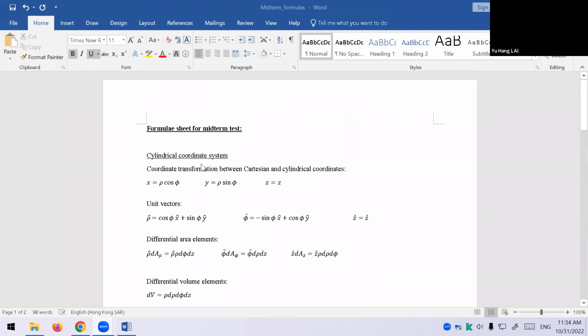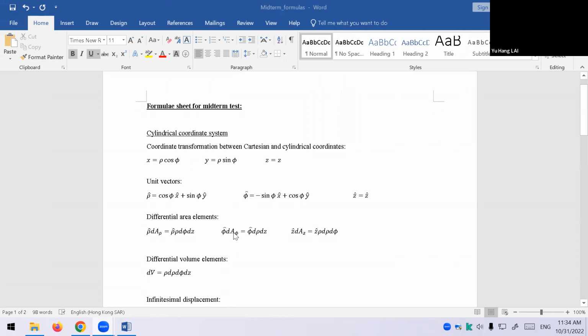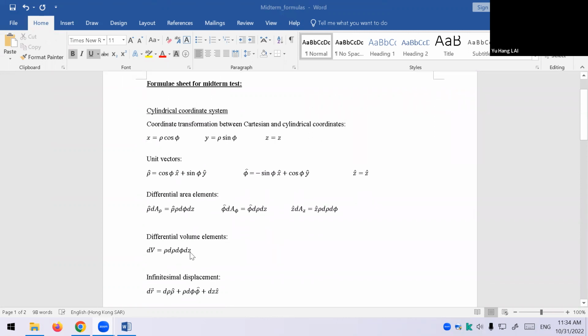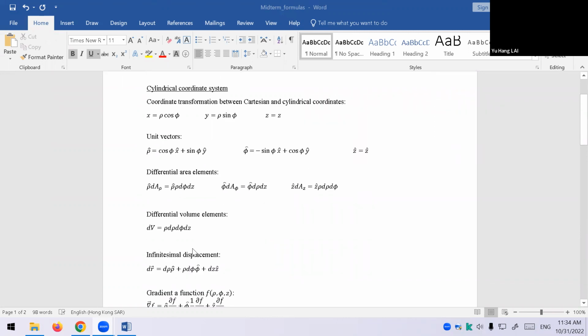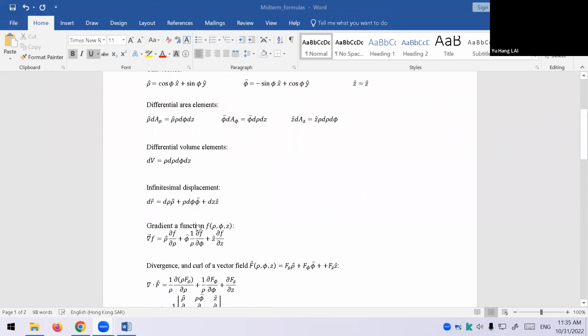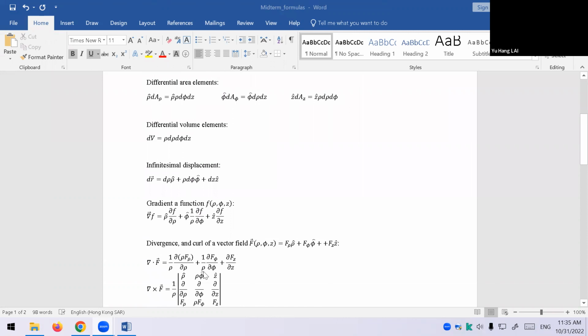So you can see what you got here, right? For the cylindrical coordinate system, you know how to transform the XYZ point to the rho, phi, z, right? And then I give you the unit vectors, the differential area elements, the differential volume elements, and the infinitesimal displacement, gradient, divergence, and curl.